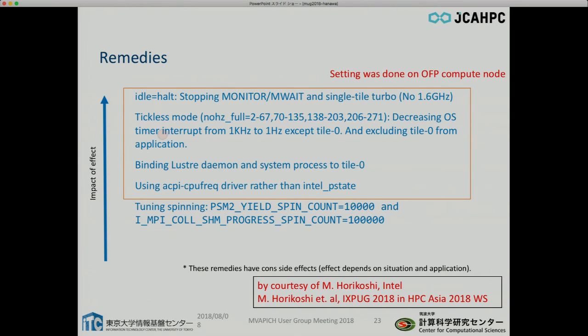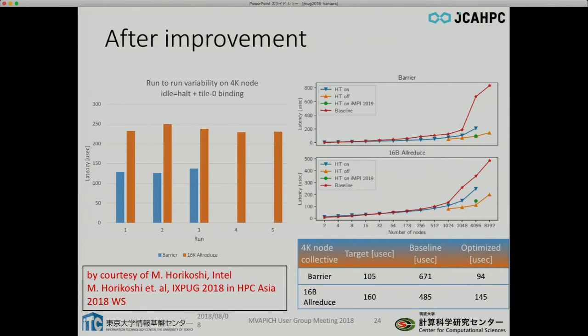But these approaches have a side effect, as I will mention later. After applying such remedies, we can get relatively stable results for the collective communications.